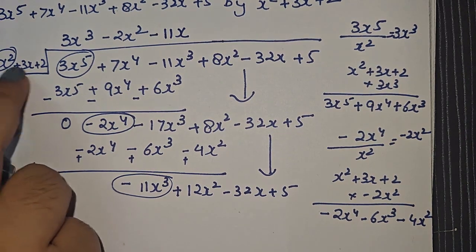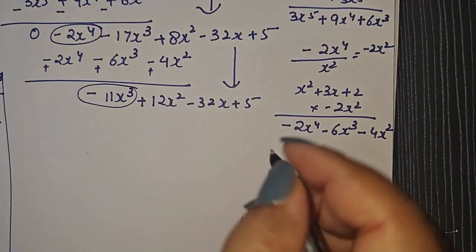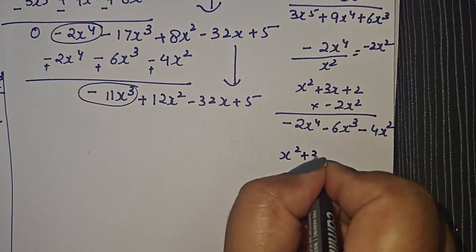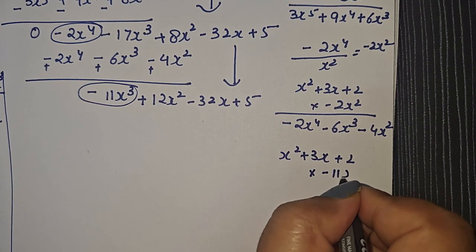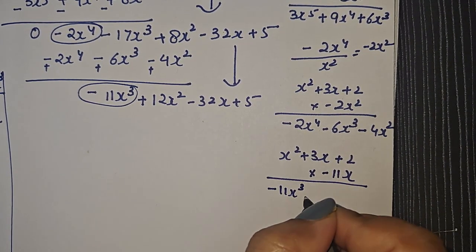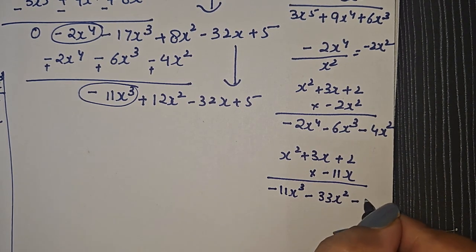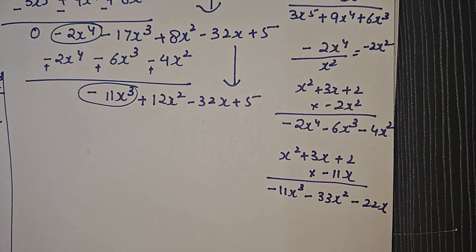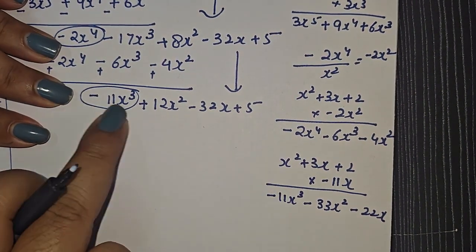Now we will multiply this whole term by minus 11x. So how will we do it? x square plus 3x plus 2 times minus 11x. It will be minus 11x to the power 3 minus 33x square minus 22x.